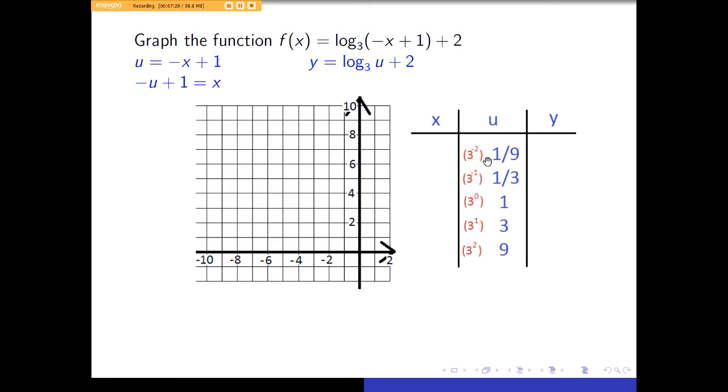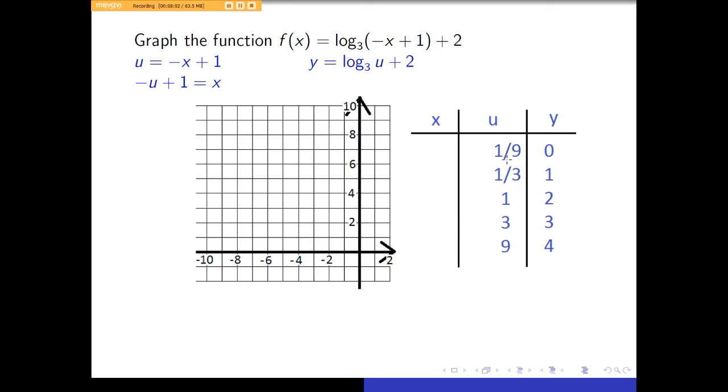And so we've got 1/9, 1/3 for 3 to the negative 1, 1, 3, and 9, just like we did in an earlier problem. And then we evaluate log base 3 of 1/9 plus 2, that gives us 0. Log base 3 of 1/3 is negative 1, plus 2 gives us 1. And then log base 3 of 1 is 0, plus 2 is 2. Log base 3 of 3 is 1, plus 2 is 3. Log base 3 of 9 is 2, plus 2 gives us 4.